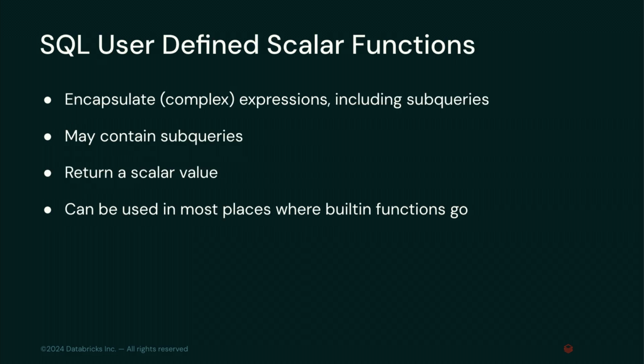Let us explore the SQL user-defined function first. These functions are designed to return a single scalar value. They can include complex expressions, so you don't need to define your own UDF. They just reuse existing built-in functions. They can include subqueries.